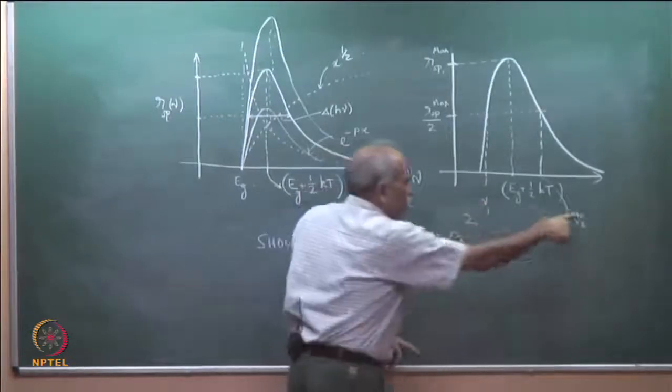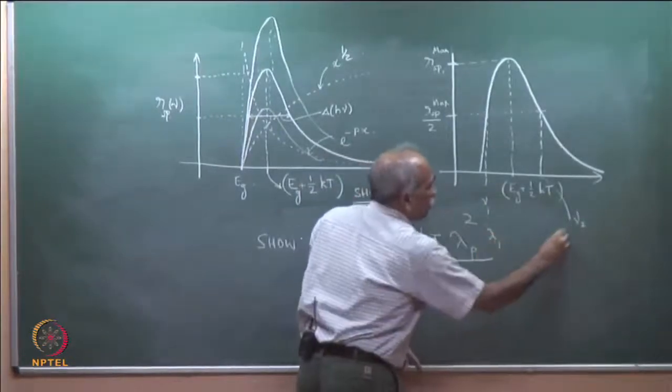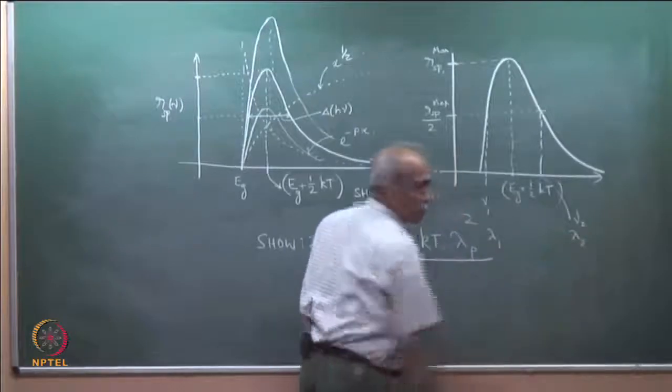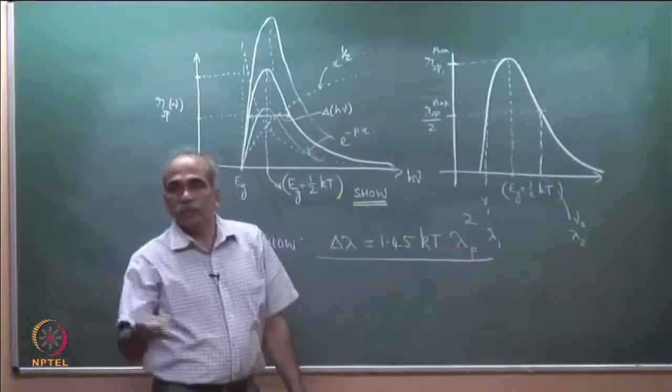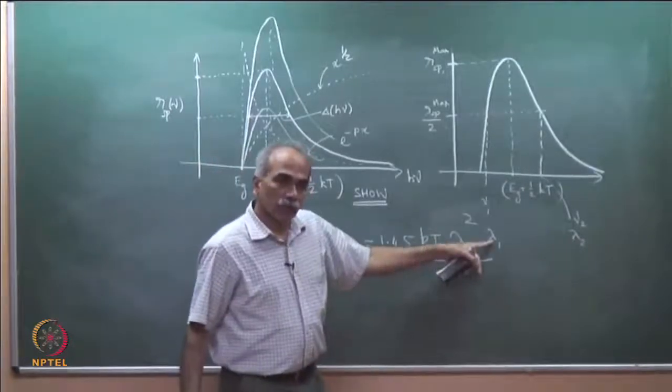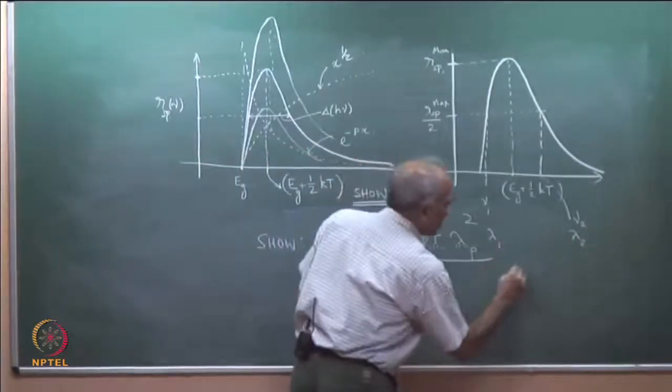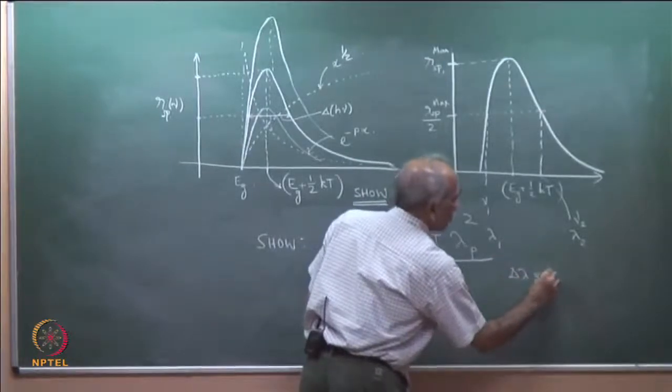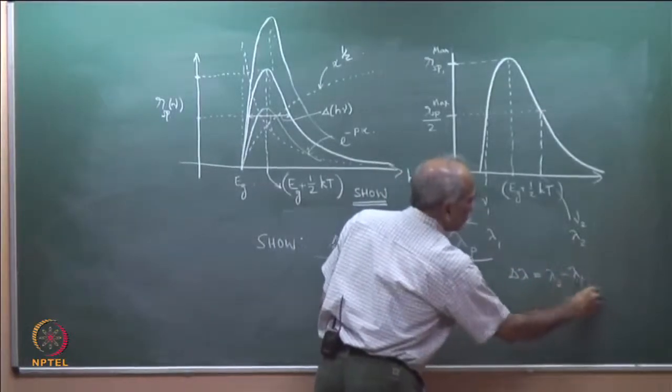If you know nu 1 and nu 2, you can find out lambda 1 and lambda 2, simply c by nu 1 and c by nu 2, and therefore, delta lambda is equal to lambda 2 minus lambda 1.